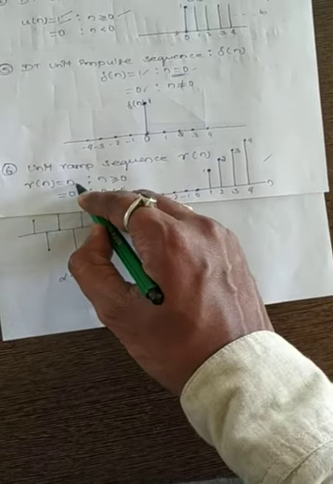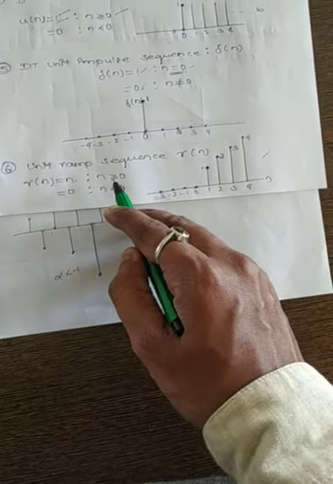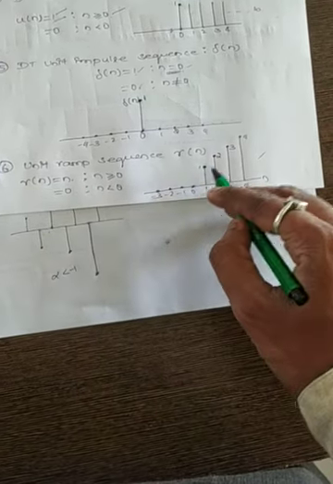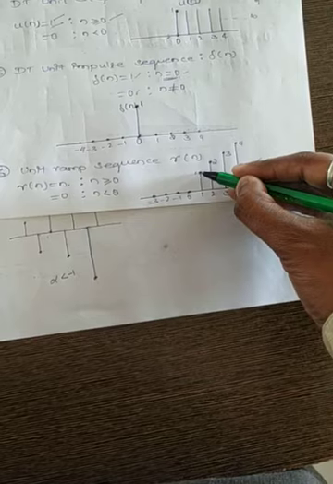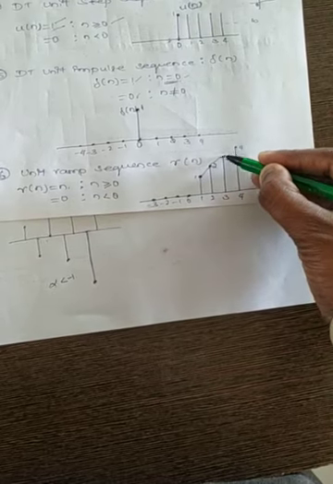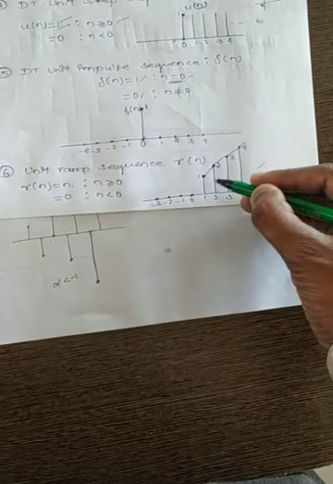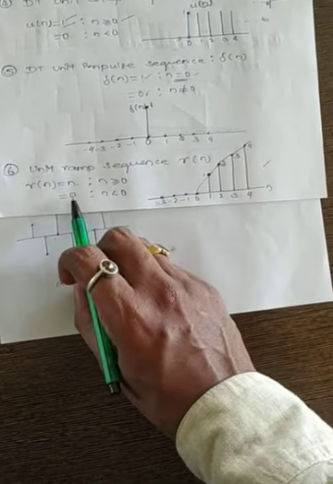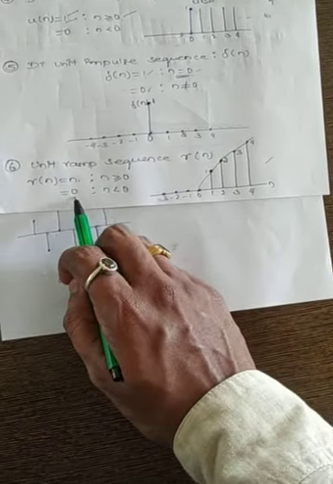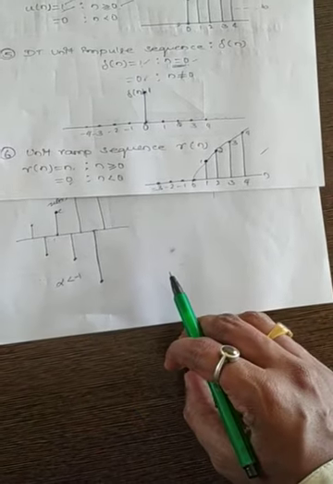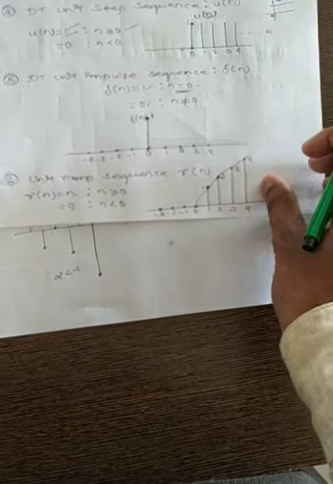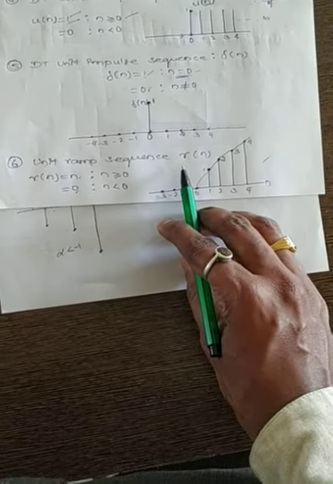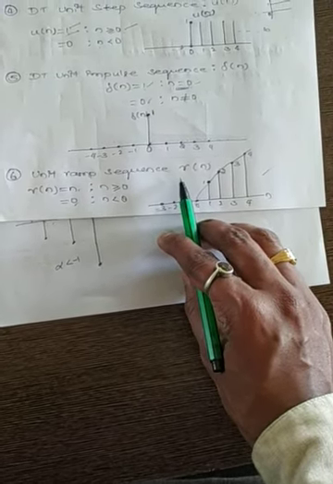You can draw it like this. So when n is less than 0, there is no existence of signal, that's why it is 0. So this is the unit ramp sequence with respect to discrete time samples.